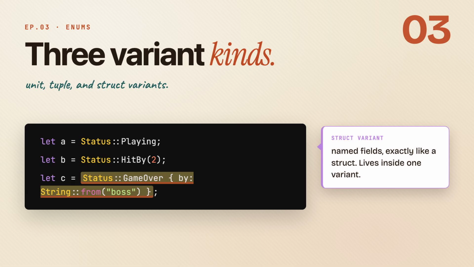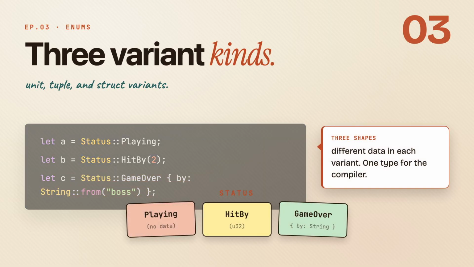A struct variant takes named fields the same way a regular struct does. GameOver here carries a by field, a string saying who ended the game. It is a tiny struct living inside one arm of the enum. Now look at all three together. Three different shapes.